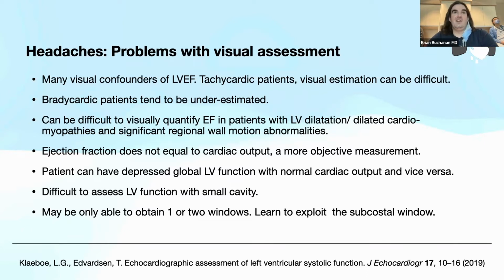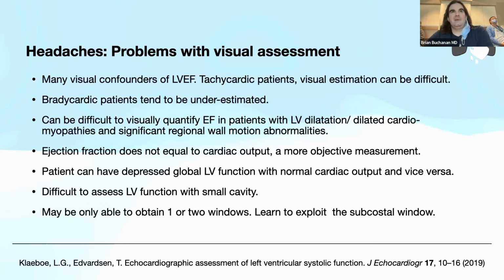Patients with a dilated LV can also look like they have comparatively smaller changes in volume when their EF is similar or their stroke volume is similar. And as I mentioned, significant regional motion abnormalities can be challenging. If their LV cavity is very small, like they have a big, thick LV, it can also be very challenging to assess, because assessing visually for changes is more challenging with a smaller volume.